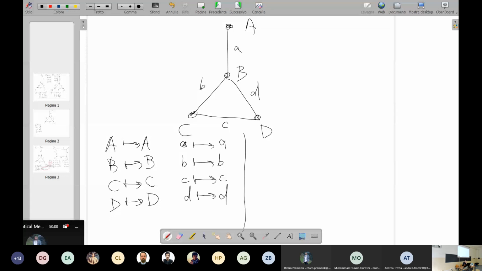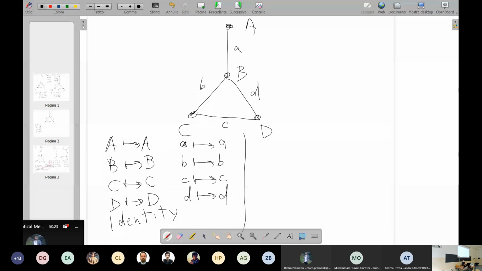Okay, this is one, and this is called the identity. But the symmetry of a graph is given by how many automorphisms you can have of that graph to itself.